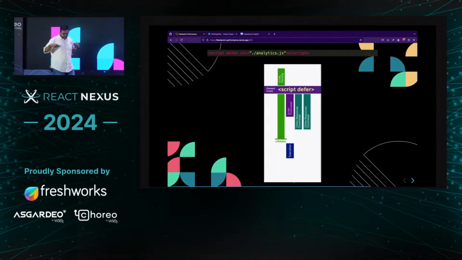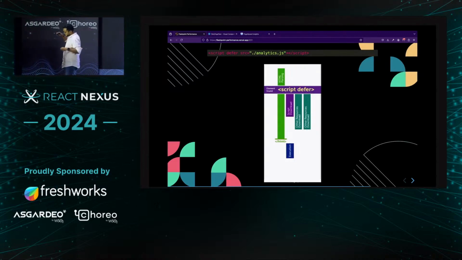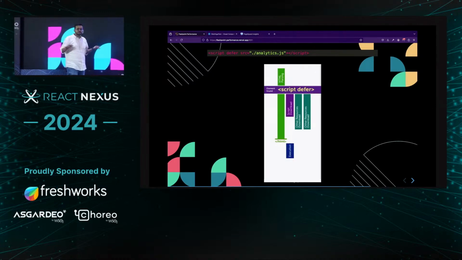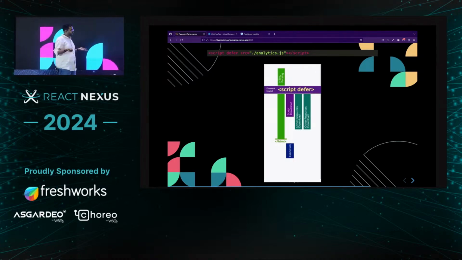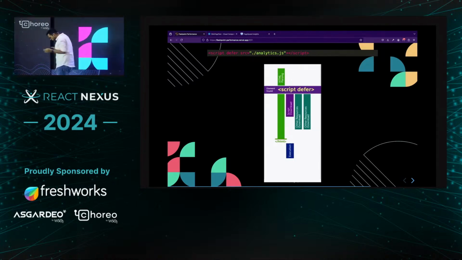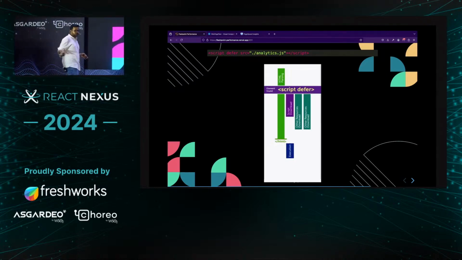But if you have any JavaScript which is not relevant to your first load view, your web page view, like analytics, then you can defer it. You don't need it in the CRP. What the defer attribute does is, the HTML parsing continues, the script is downloaded in parallel, and only when the HTML parsing completes, the JavaScript code is executed.